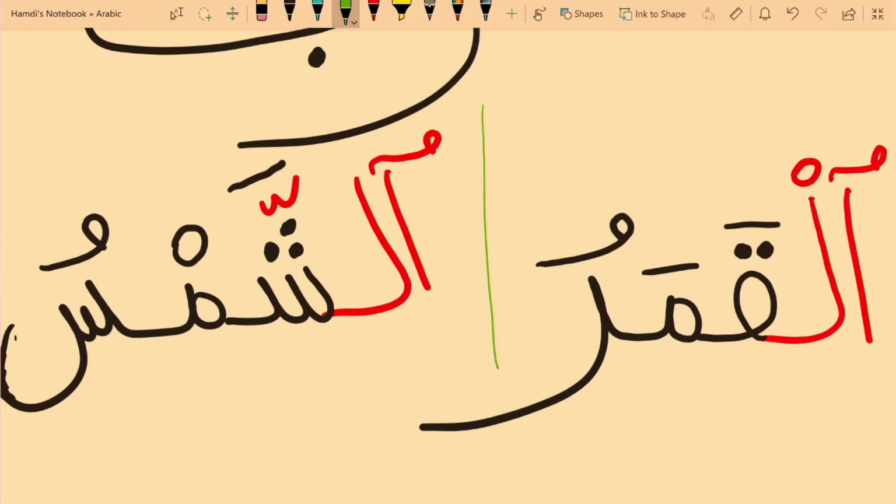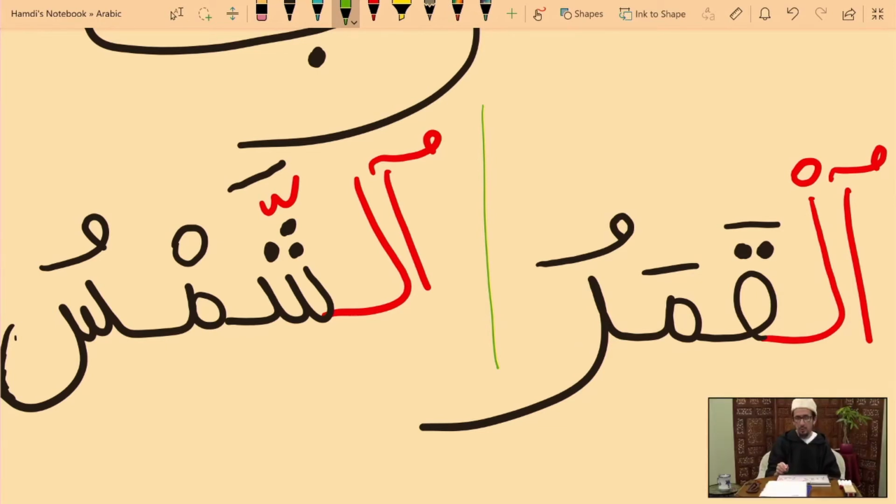The L that goes with al-qamaru and the L that goes with ash-shamsu. So that's the moon, that's the sun.